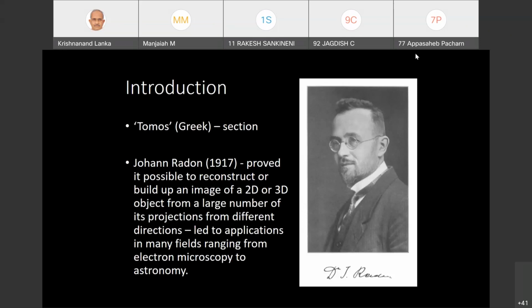It led to applications in many fields, ranging from electron microscopy to astronomy.